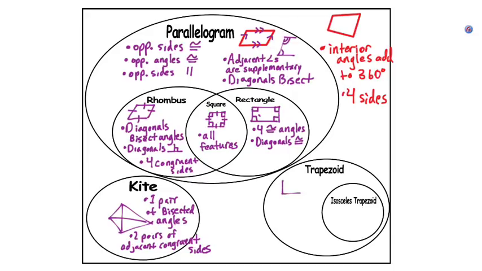And a general trapezoid could look like this, it could look like this, or you can have the isosceles trapezoid where you have 2 congruent sides and those 2 parallel sides. So an isosceles trapezoid is going to have a median. Well, they all have a median. So all trapezoids have a median, which we discussed last week.